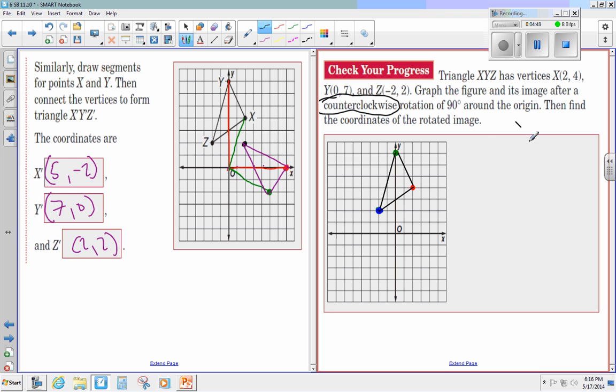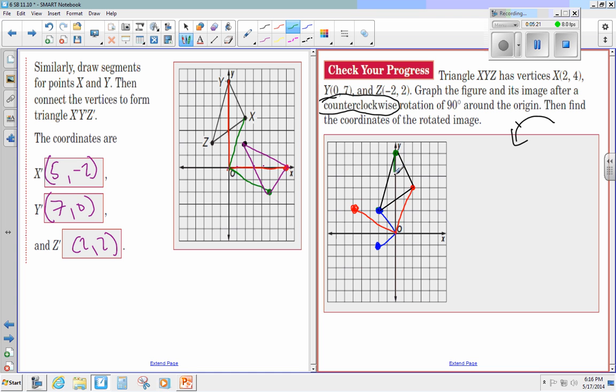So counterclockwise means we go to the left. So let's start with the blue point. Draw the segment to the origin, and then an identical segment 90 degrees. So we're looking at about right there. Red point, there, 90 degrees, about right here.